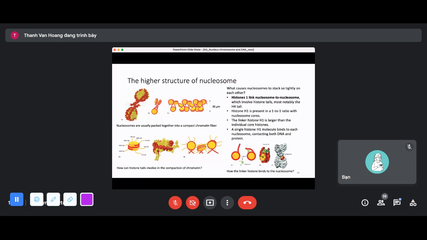It's like a clamp, and it can tuck the histone cores to stick to each other to make the chromatin structure. Okay? This structure can still be condensed during mitosis using other proteins.